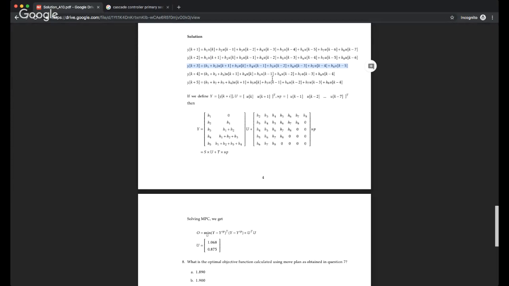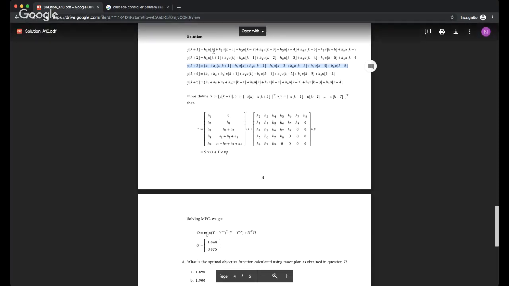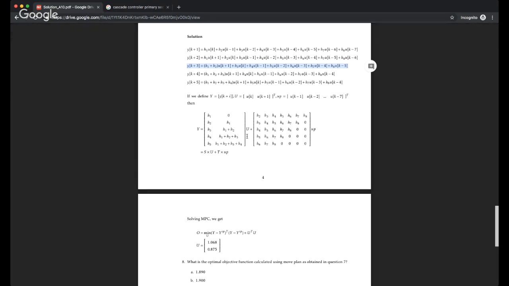Now, what you have to recognize is that only u of k and u of k plus 1 are the unknowns. The rest are knowns. u of k minus 1 up to u of k minus 7 are knowns. So what I have done here is reformulate the whole set of equations in terms of u of k, u of k plus 1 and known variables, which is a stack of up, with u of k minus 1 up to u of k minus 7.